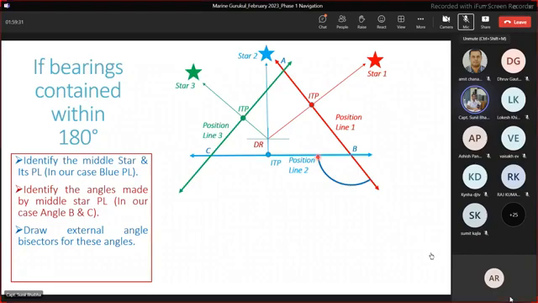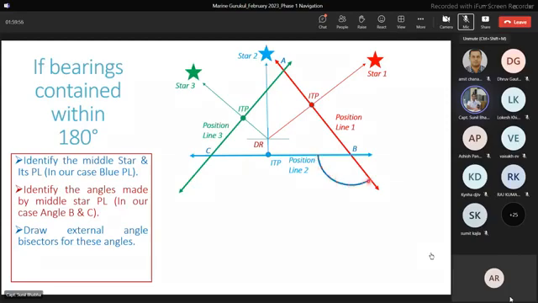Now in the case where the bearing stretch was greater than 180 degrees, we drew the internal angle bisector. You see, this was the internal angle, and we had drawn the angle bisector of the internal angle which lies inside the triangle. But now in this case, we are going to draw the angle bisector of the external angle.